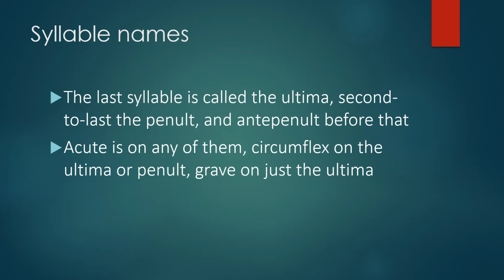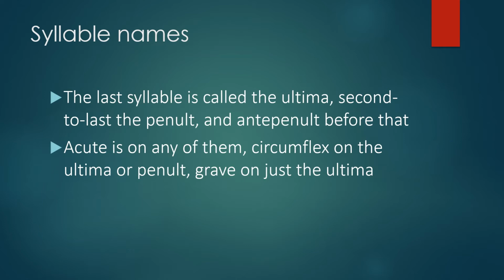The circumflex is on either the ultima or the penult, that is, either the last syllable or the second to last syllable. And the grave is only on the last syllable, the ultima. With circumflex not being on the third to last syllable, there's not enough time to get it back that far.